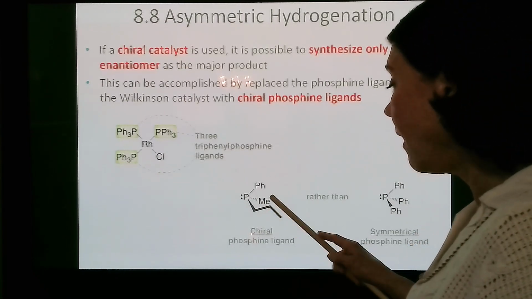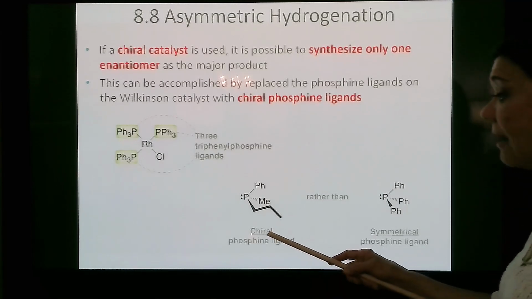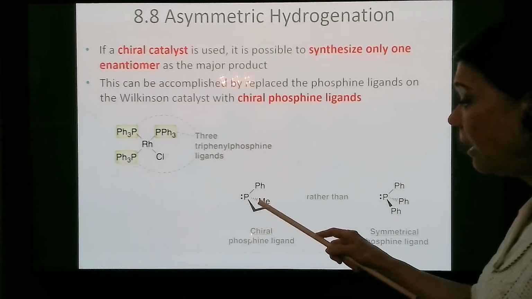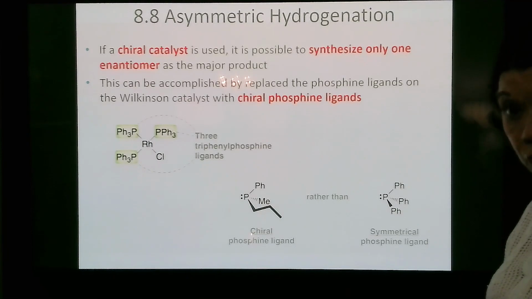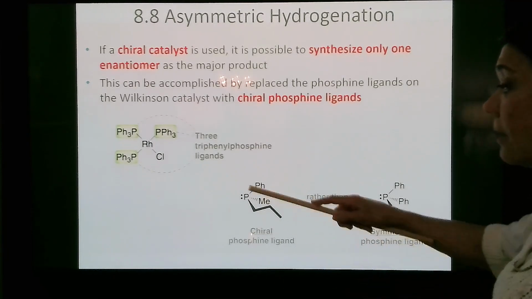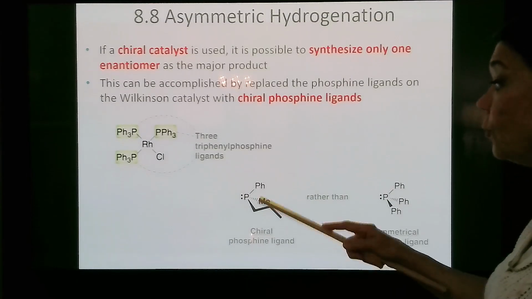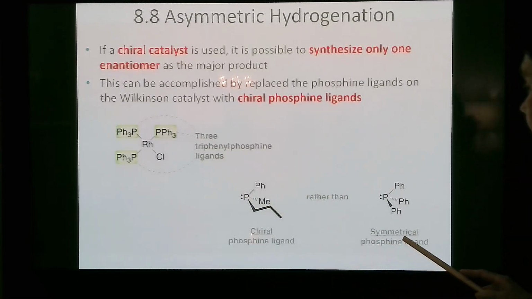But here, the phosphorus will. And so you can have a chiral phosphorus compound where you would not be able to do that with nitrogen. And remember, nitrogen is just above phosphorus in the periodic table. You can do it with phosphorus, not with nitrogen.